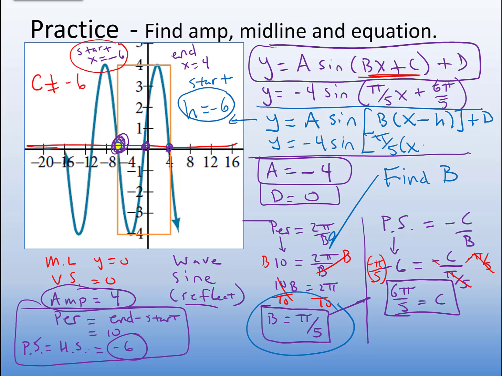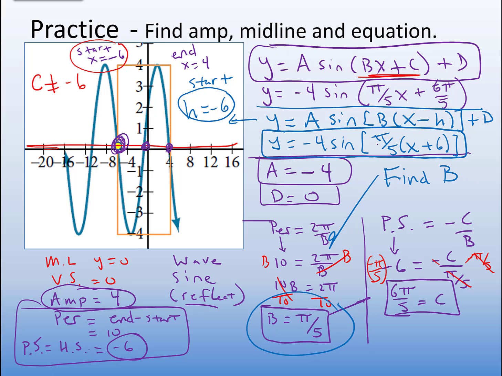And so that's going to be minus -6, which is plus 6. Close the parenthesis on the factoring of x plus 6, and then close the bracket on the sine function. And then the d is 0. So we don't need a d number here. And the blue one is also an equivalent equation.